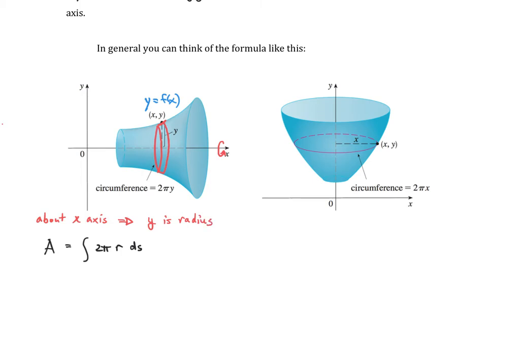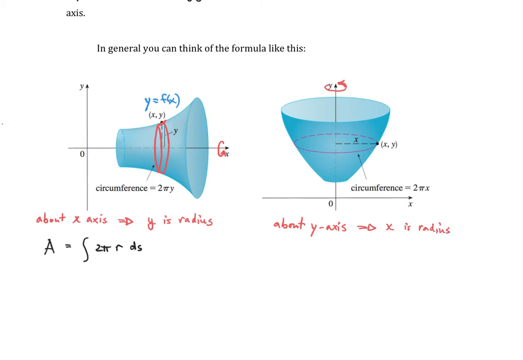If I wanted to rotate about the y-axis, let me put a loop here and write about the y-axis. This is the column on the right. Then I hope we can see from our picture, our circle looks like this. The 2 pi r looks like this. And the radius this time is given by the x coordinate. So about the y-axis implies that x is the radius.